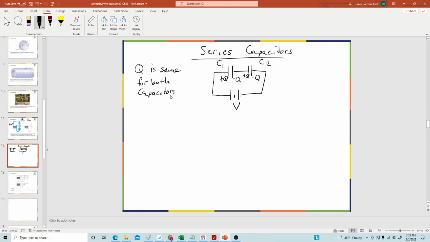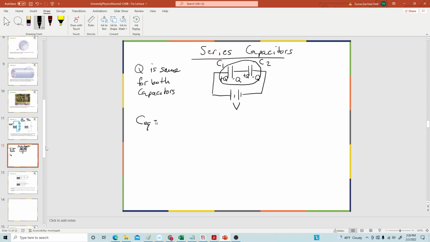Now, why would you connect two capacitors in a formation like this? The answer is if you need a specific amount of capacitance and you don't have that capacitor. So what you can do is arrange two capacitors to have an effective or equivalent capacitance. These two capacitors connected in series are going to have an equivalent capacitance.